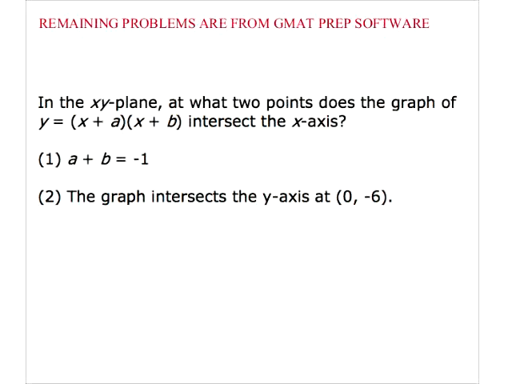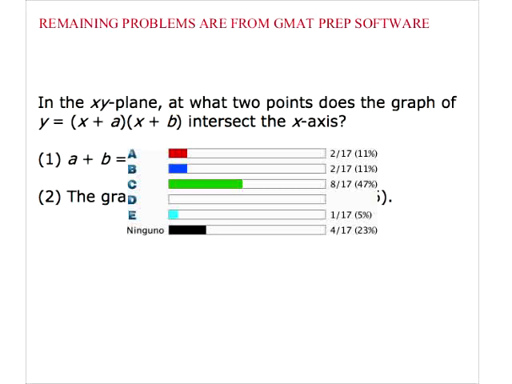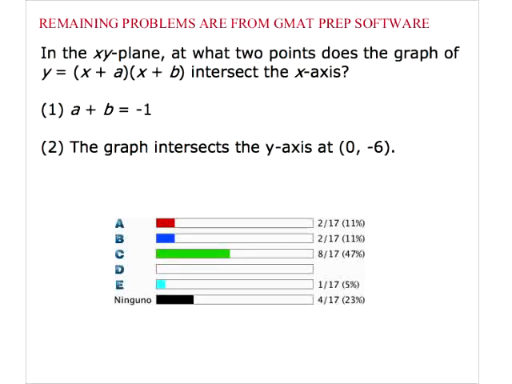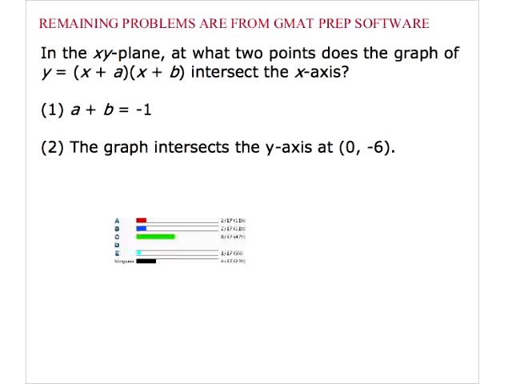Remember, the GMAT makes you answer the questions, so you can't just not answer. We're going to move on here, but remember that developing the skill of responding even with guesses and letting go and getting up and moving is an important skill here. All right, here's the class responses. Pretty good. Let's take a look.